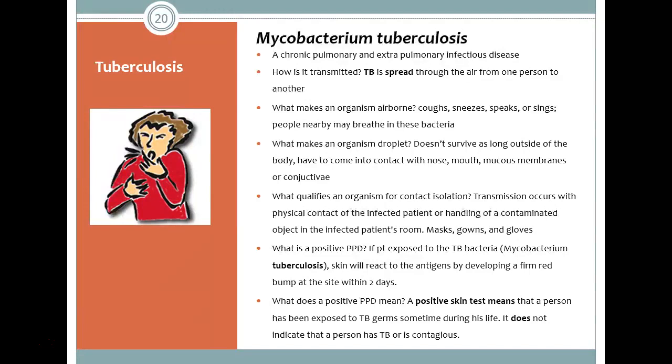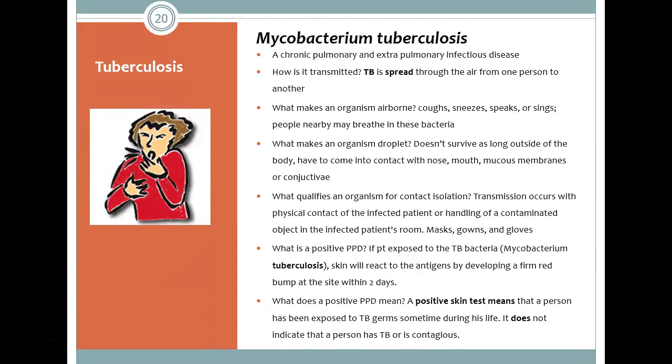So looking further at TB, what makes a positive PPD? How do we know if a patient has been exposed to TB or actually has TB? If a patient is exposed to TB, which is Mycobacterium tuberculosis, their skin will react to the antigens by developing a firm red bump at the site within 2 days.